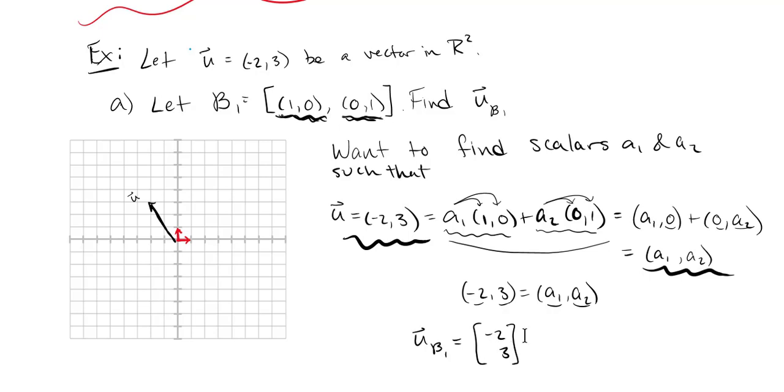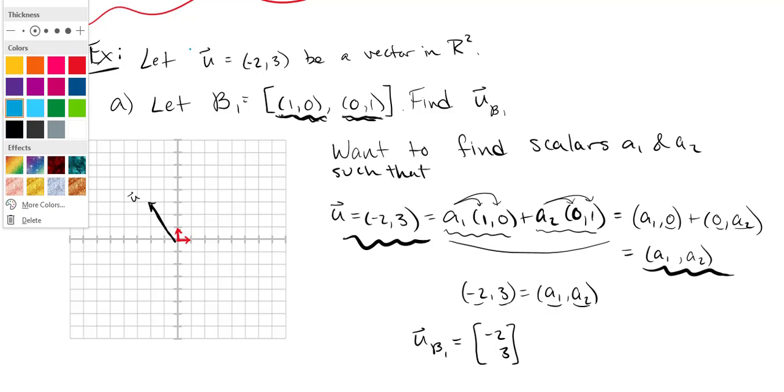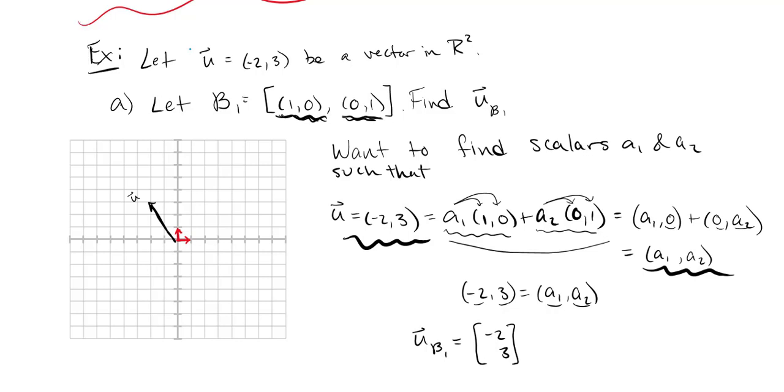The coordinates didn't change. So visually, what are we thinking? Let's see if we can diagram this out in our picture here. We'll use a different color. We're saying to get to this vector (-2, 3), which I've drawn in black in my picture, pointing from the origin to the point (-2, 3), I need to go -2 copies, that's my A1 value, in the first basis vector direction, the (1, 0), the horizontal red vector.